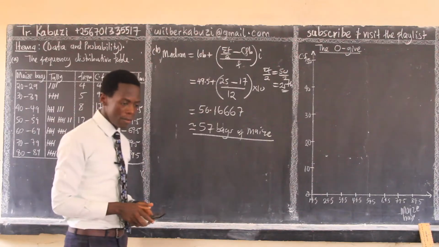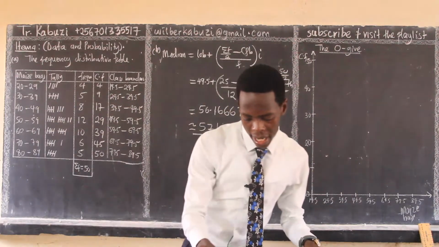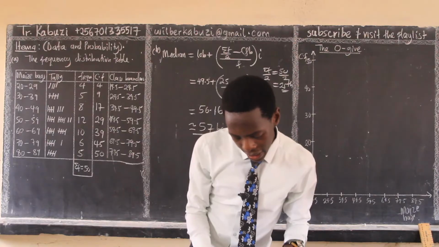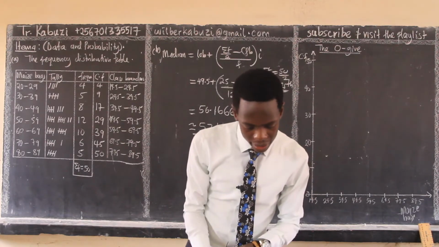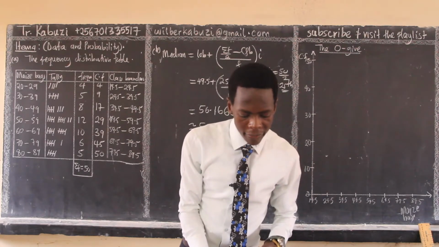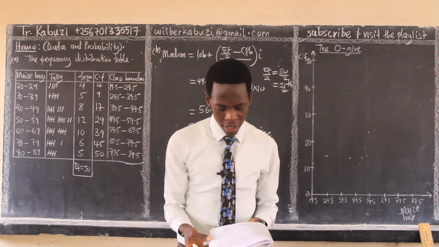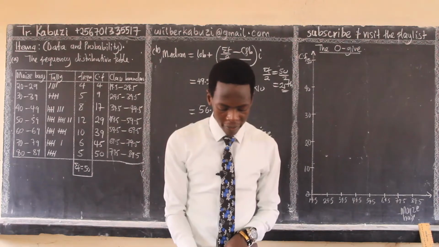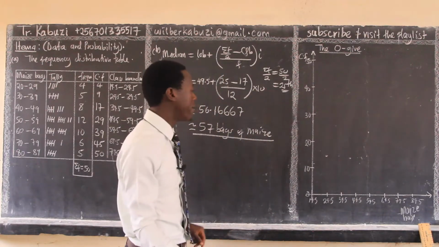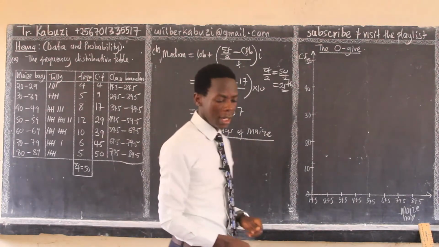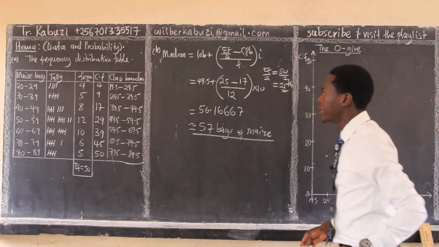Okay, then we come to part C. Determine the number of farmers for retraining. The farmers that we are supposed to send for retraining are those who obtained below 44.5 bags of maize. So we come to our ogive. We first plot it.